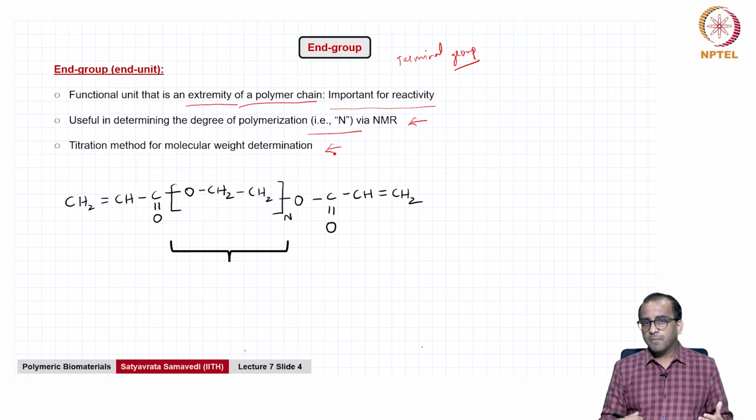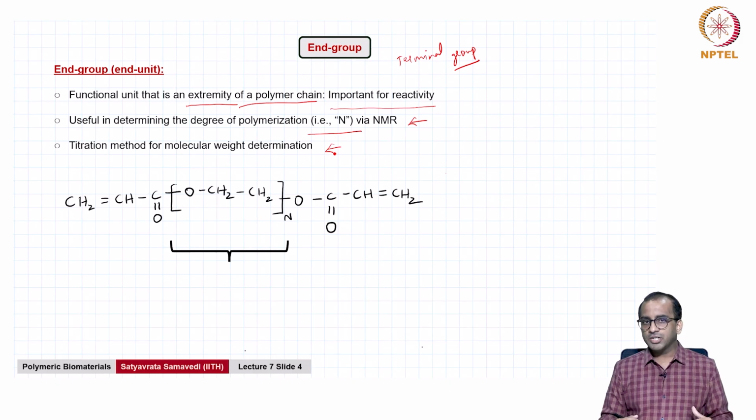If you know that, you get information about the number of moles of functional group present, and if you know the sample mass of polymer that you began with, from this you can do a simple set of calculations to determine the molecular weight simply based on the end group.